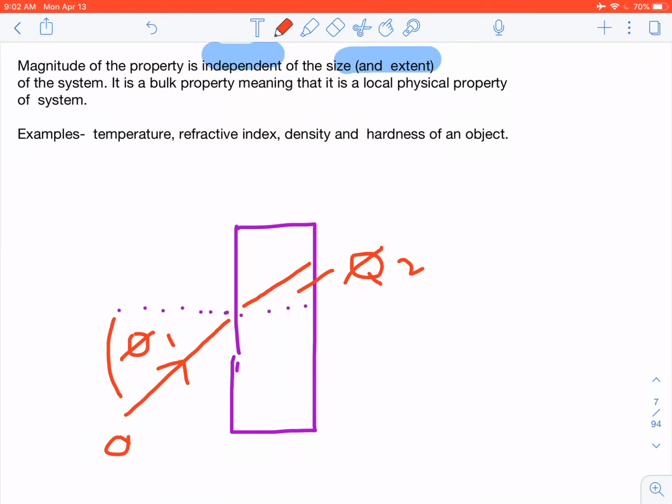So it moves from A, let's say it goes into glass. The extent to which the ray bends in the glass gives us an indication of the refractive index of the glass.